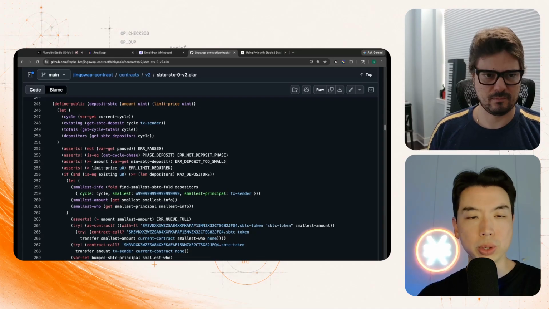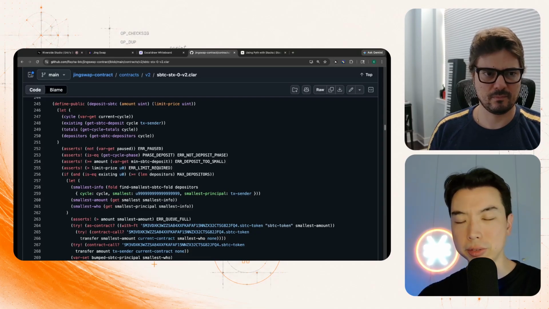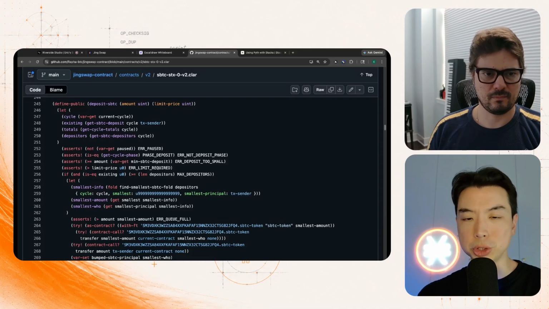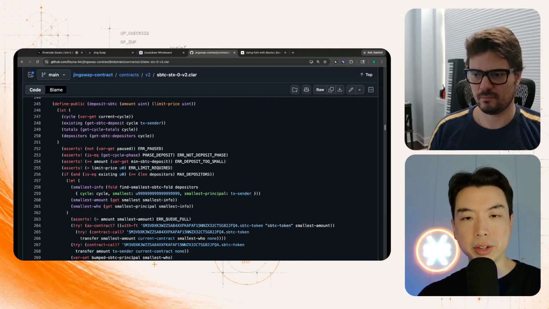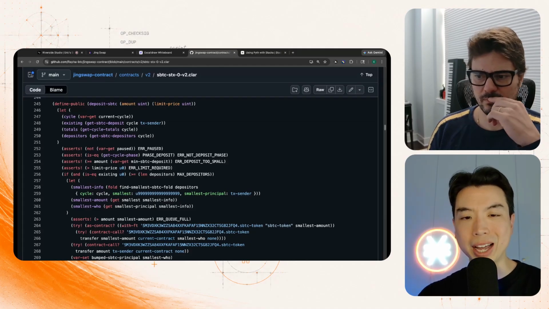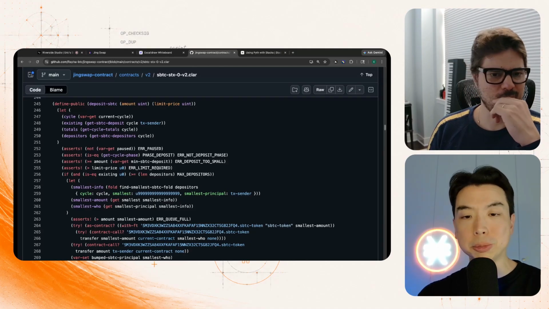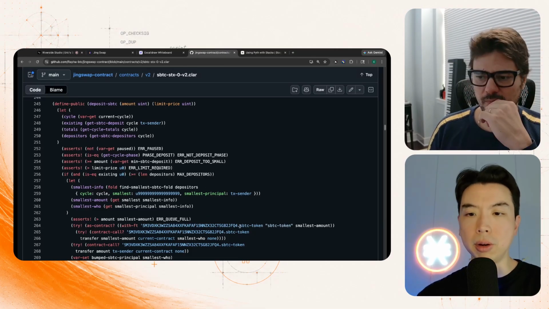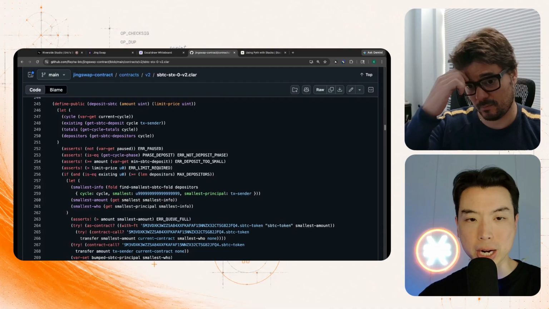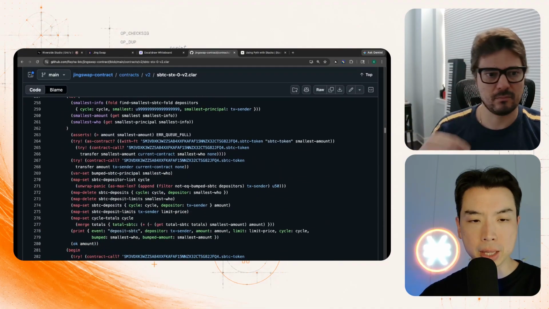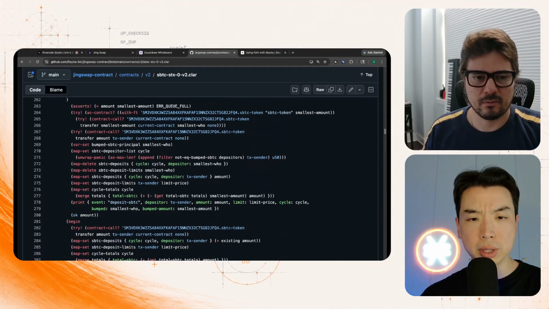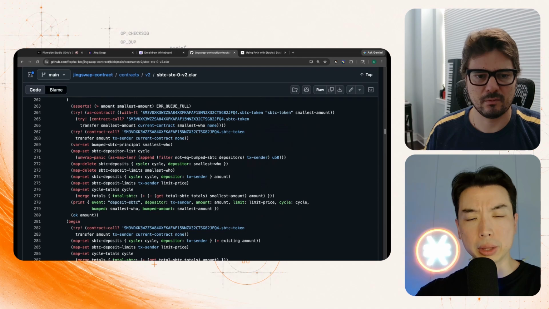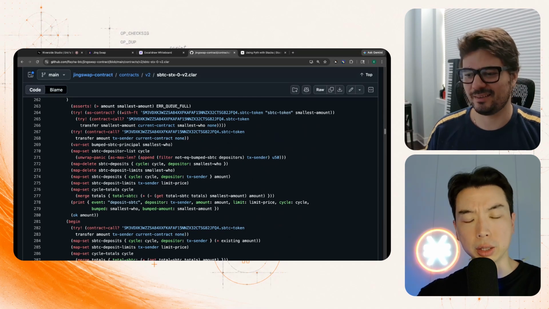We're not going to go through it line by line, but I think for Clarity developers and smart contract developers in general, it'll be nice if you can give a high level overview of the flow and then point out any unique aspects of this function, such as the usage of calling the SBTC token contract. And then I think there's also the logic of kicking off or bumping the smallest depositor in the list of depositors.